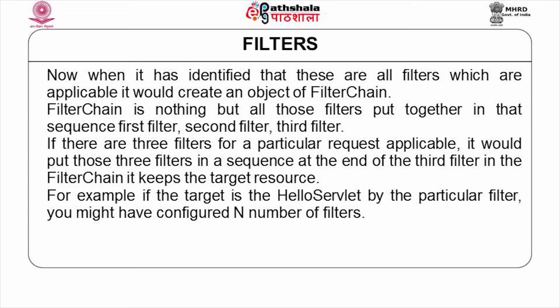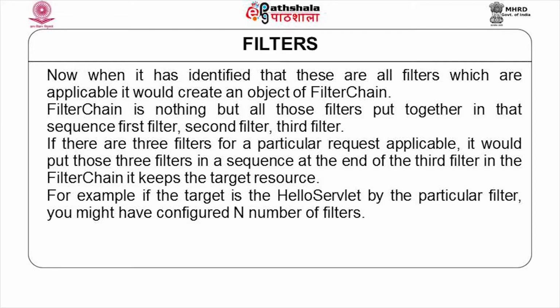So, maybe we have our hello servlet being targeted by a particular filter. You might have configured n number of filters, maybe 5-6 different filters in our application, but for this URL maybe 3 of those are applicable, 3 of those have qualified. So, a filter chain would be created with 3 filter objects.